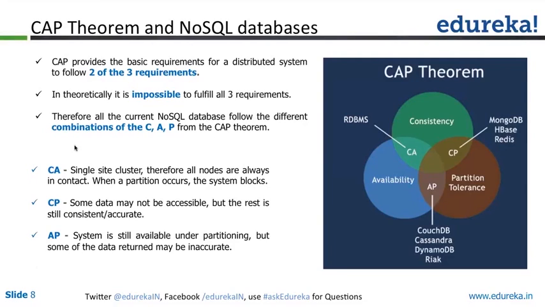CouchDB, Cassandra, Dynamo, Riak, all these fall into this quadrant, where they are eventually consistent models. They are not consistent all the time, which means if I have three or four clients querying the same key or the same data, they might see different states of the same data and end up getting different values, because of eventual consistency and not a strong consistency model.